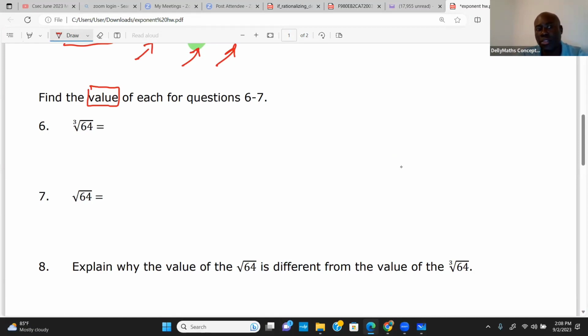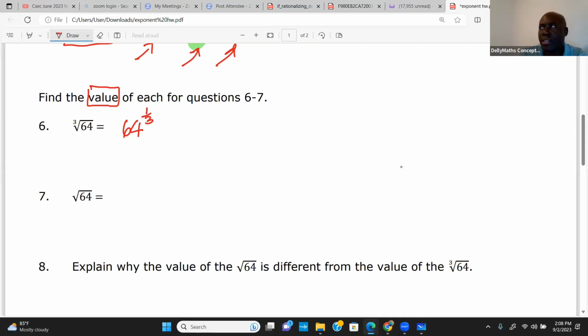This is the 3rd root, or we could call it the cubic root, of 64. Now, in order to work this out, we could quickly represent this using a rational exponent. For example, this is the same as 64 raised to the 1/3. Be advised that the cubic root is equivalent to the exponent 1/3.